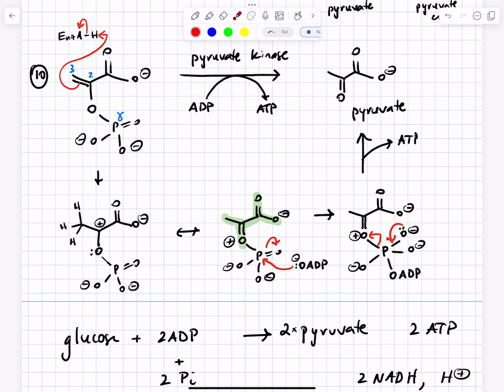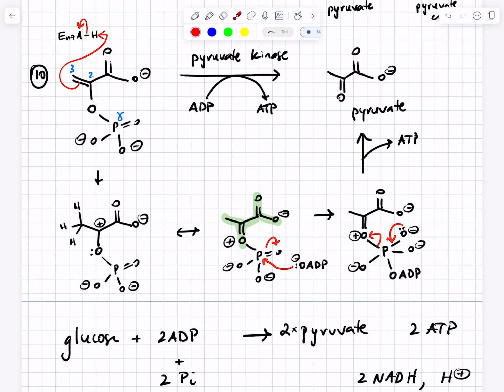Sometimes if your body needs to, NADH can go to the electron transport chain and donate its hydrides and regenerate NAD+. But under somewhat anaerobic conditions, if you're not breathing in enough oxygen, if your muscles are working really hard, you end up with an excess of NADH, and you need to regenerate NAD+.